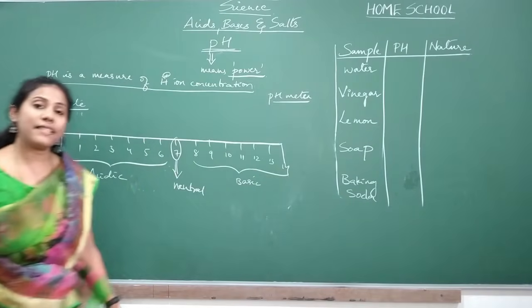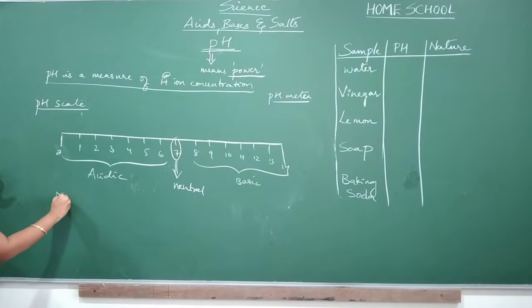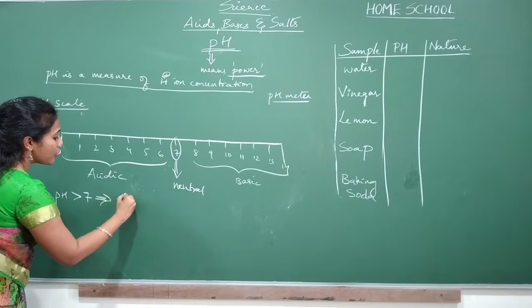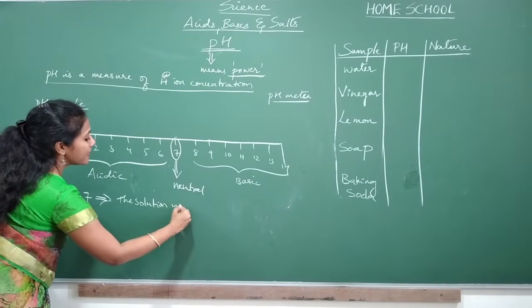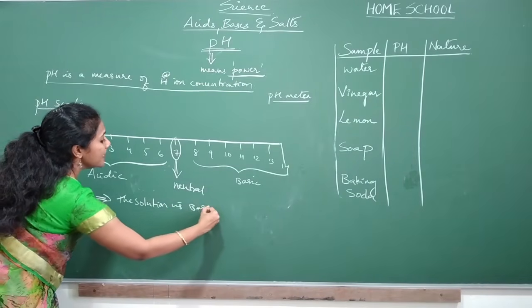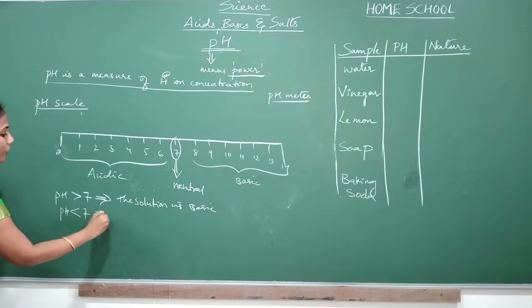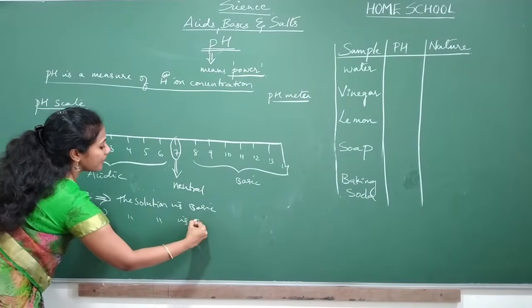Always remember, if the pH value is above 7, then it implies the solution is basic. If the pH value is below 7, then it implies the solution is acidic.